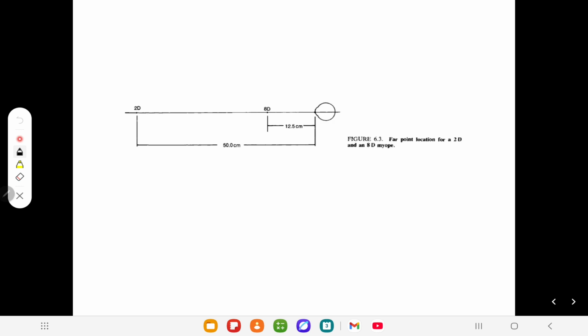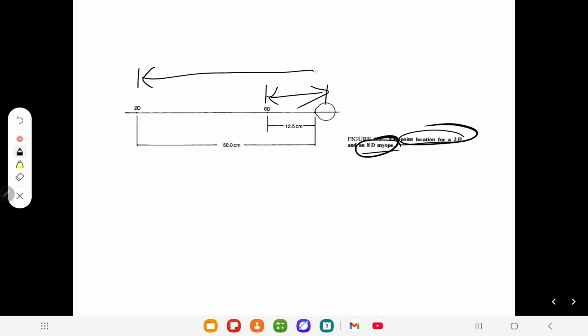Everyone has that. So I want to discuss in this slide the range of clear vision. So this is the picture. Let's take an example. This is a myopic eye, two myopic eyes, one is 2 diopter, one is 8 diopter. For the 8 diopter eye, this is the range of clear vision, isn't it? But for the 2 diopter eye, this is the range of clear vision.